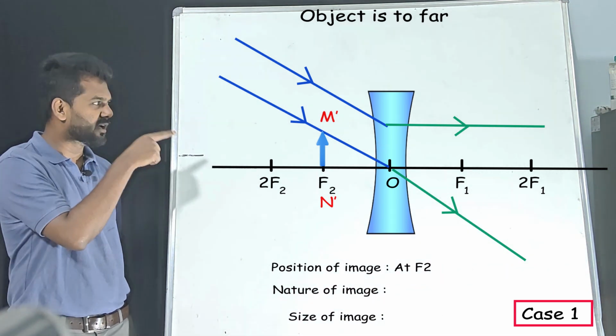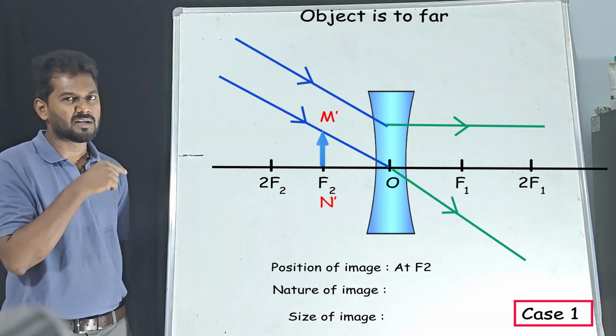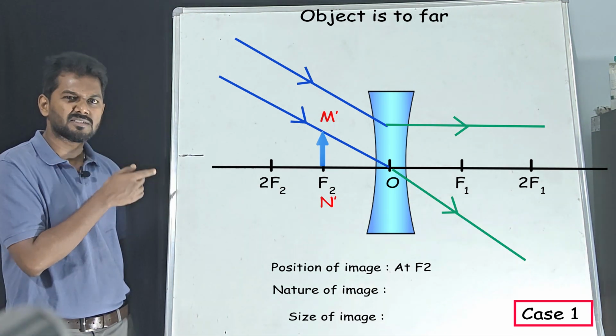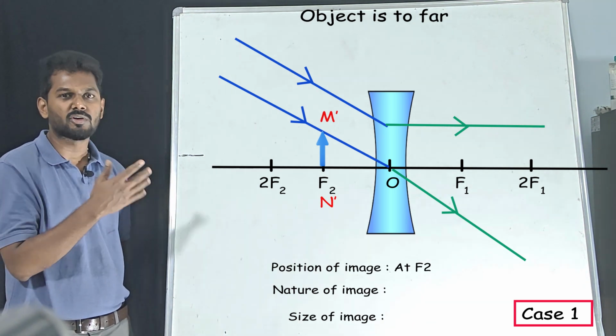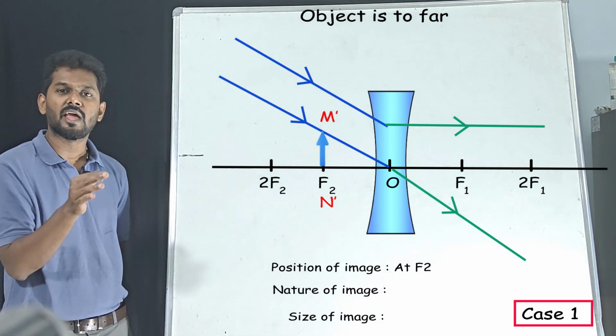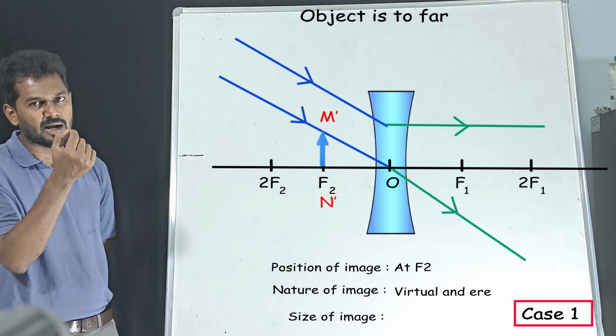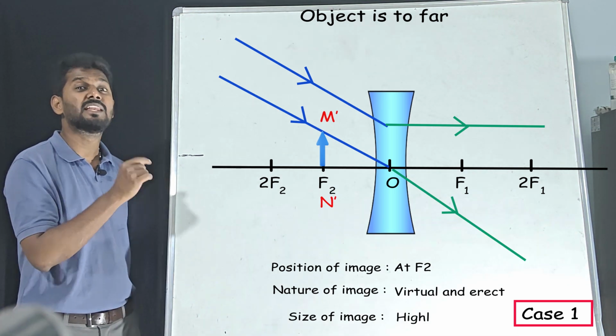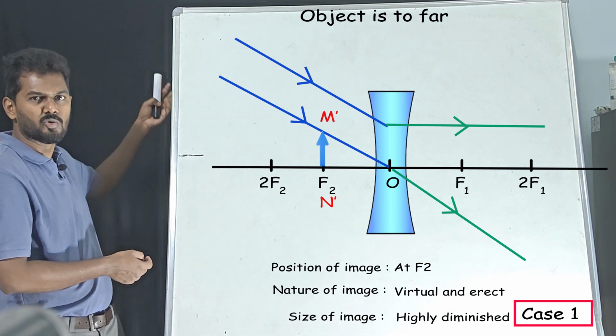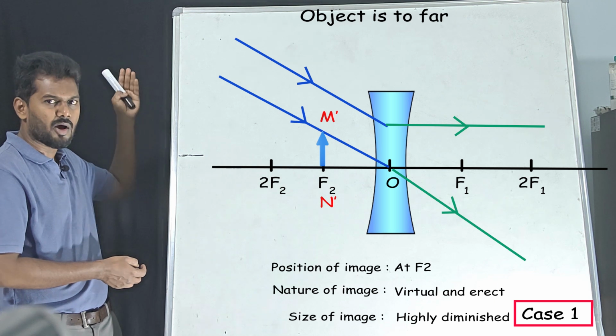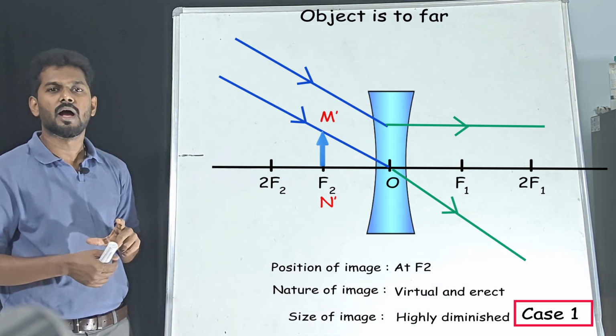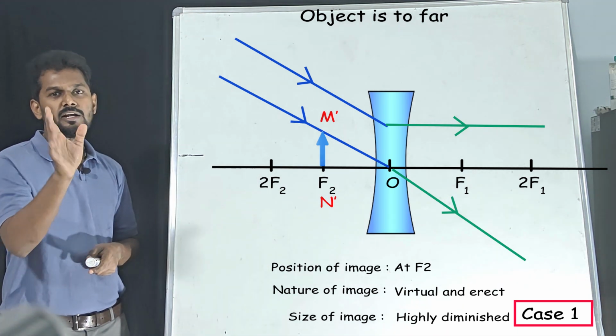Here we are not getting proper intersection, correct? We extend lines and then we get the intersection. Without extending, we never get an intersection. So it is virtual and erect. Size is highly diminished. The object is too far, the image is only this much, correct? So it is highly diminished.